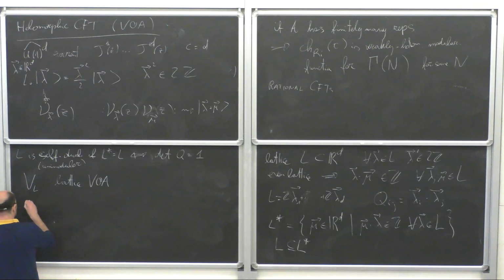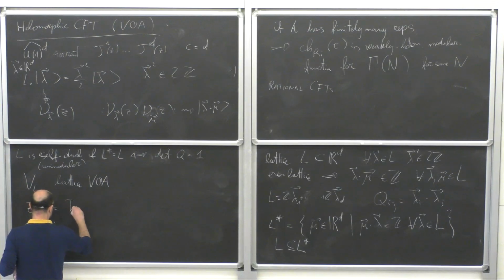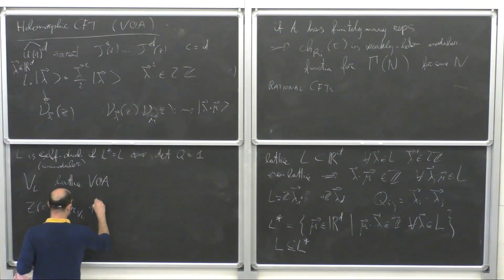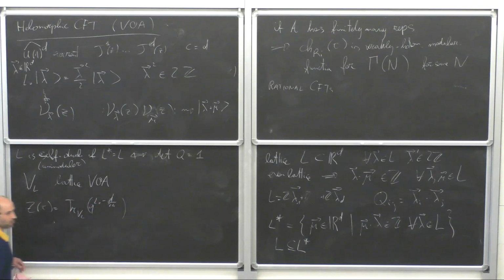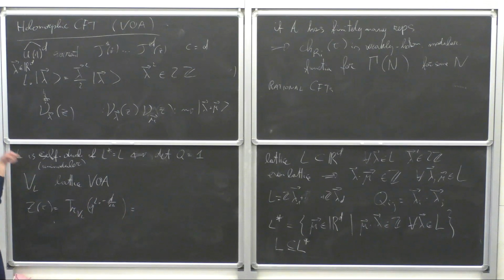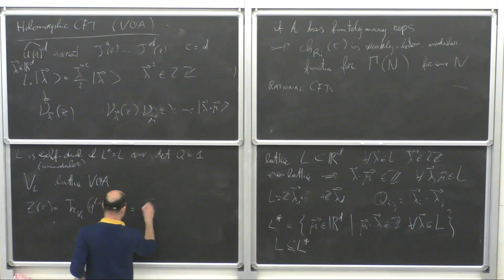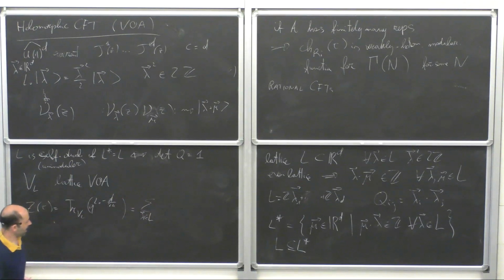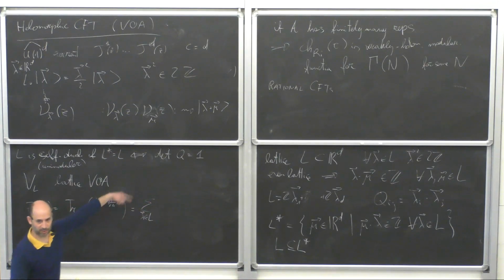So now you try to build a partition function, and you hope that it is modular invariant, as a trace over this V_L of q to the L0 minus c over 24, where the central charge is d. What is this? Well, you can decompose this into representations of U(1)^d. You get the sum over all lambda in the lattice, and then the character of each representation.